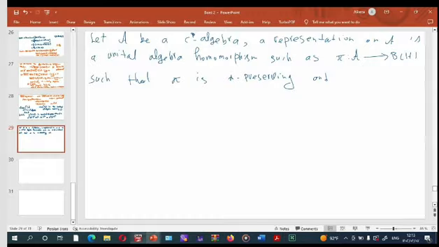Please note that this must be an algebra homomorphism and unital. In this book, H is considered as a Hilbert space. So we must have these properties for this P.